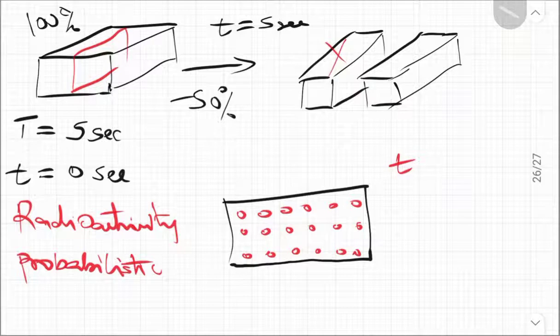We can only say that probably this is going to decay now, probably this is going to decay at time t equal to 5 seconds, probably this is going to decay at time t equal to 3 seconds. So we can only talk about this in terms of probabilities, right? Well, what we do know is that we can tell the amount or the percentage that will decay at a particular time.